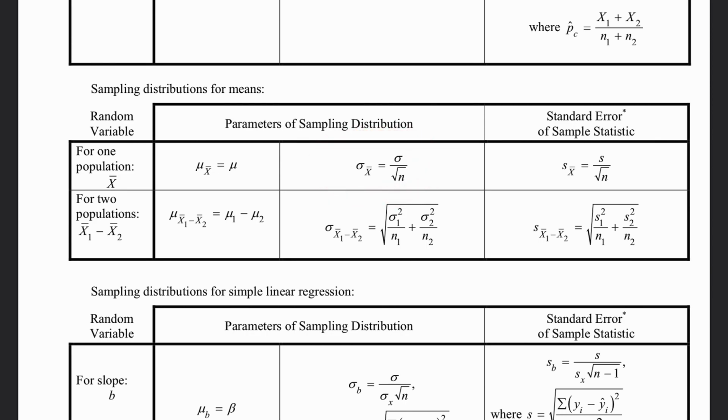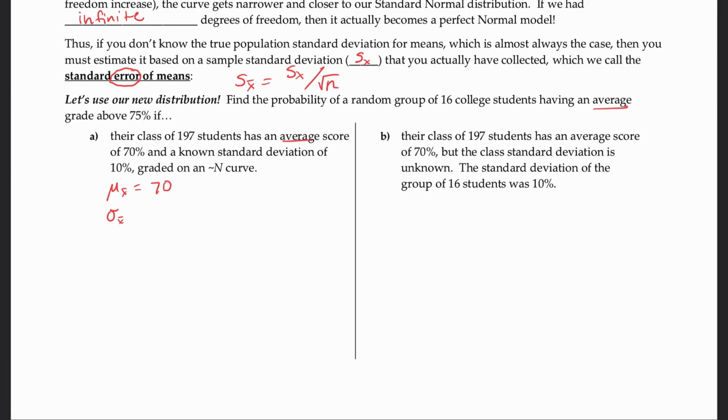We're going to use that formula there because it says we have a known standard deviation for the population. So let's calculate that. That's going to be the standard deviation of the population divided by the square root of n, so in this case 10 over the square root of 16. That gets us 2.5.